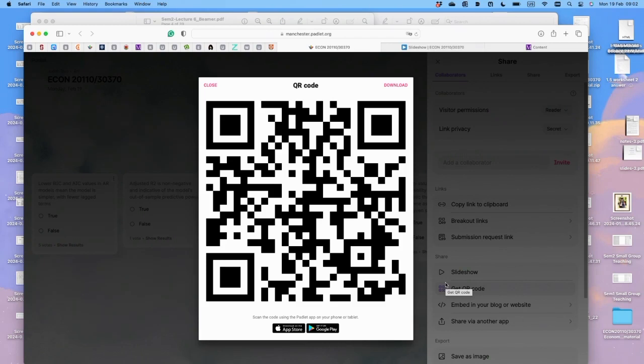Okay, good morning. Please scan this QR code and just focus on the first two statements, okay?